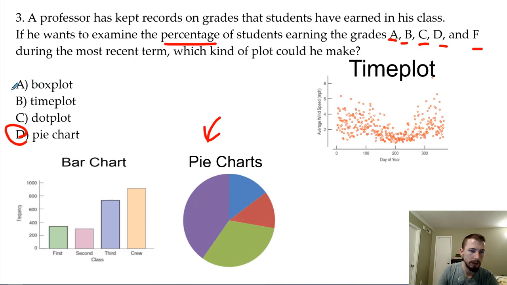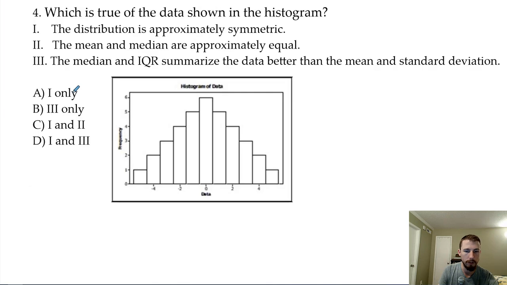Box plots are used with histograms and with quantitative data. A time plot is if we're seeing how something changes over time, so that's not what we're dealing with here. And a dot plot is essentially the same thing as a stem and leaf plot, which is also done with quantitative data. So the only ones we actually use for categorical data would be pie charts and bar charts, but bar charts weren't listed, so our answer would be a pie chart.